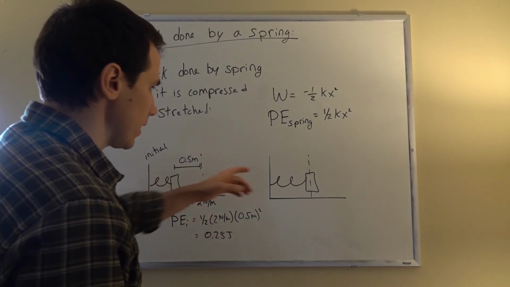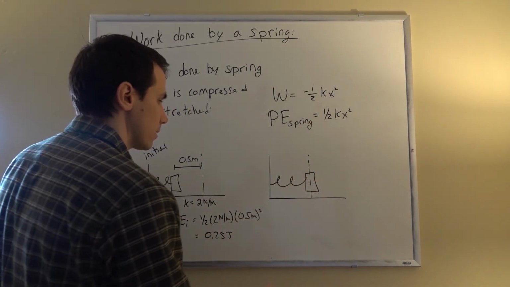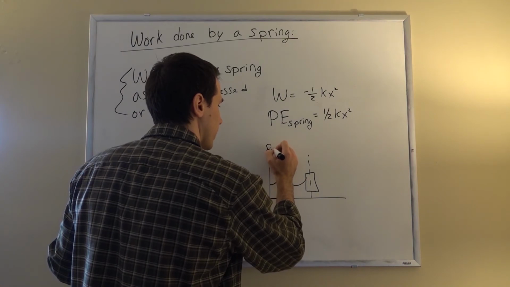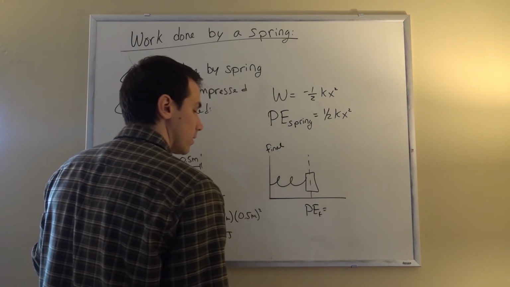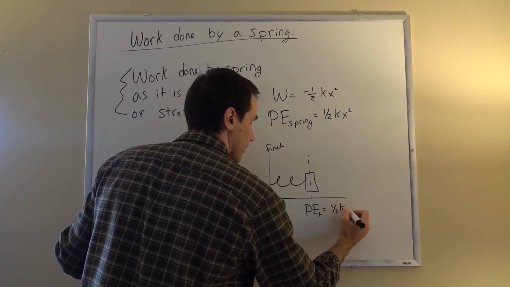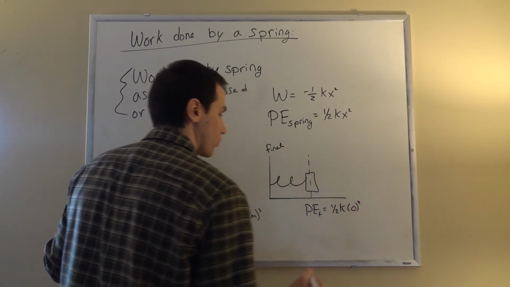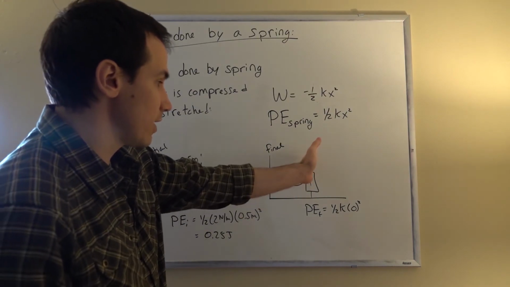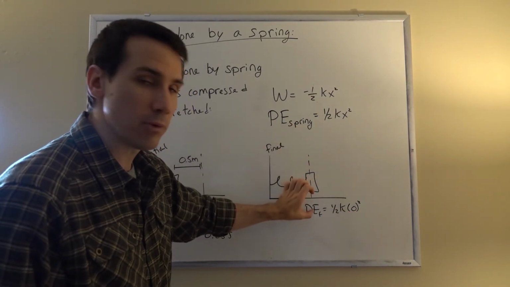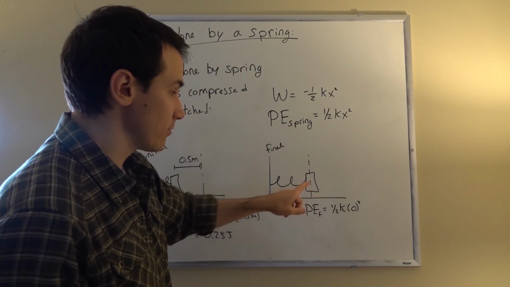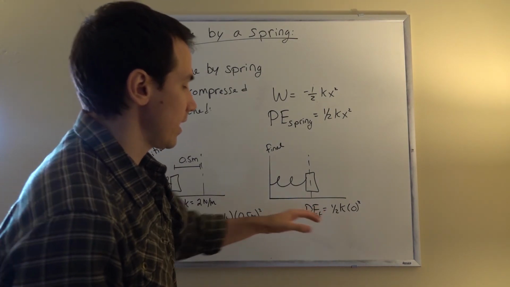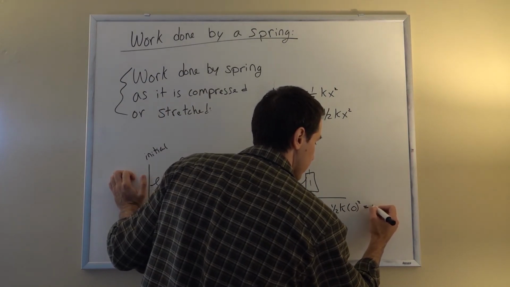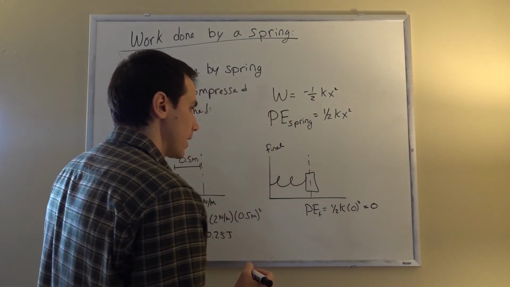And I could say, well, when the mass is here, I'll call this my final. So my potential energy final looks like 1/2 k times 0 squared, because x is always measured as a distance from the equilibrium position, and my distance from equilibrium is 0 right now. So I have no potential energy of my system.